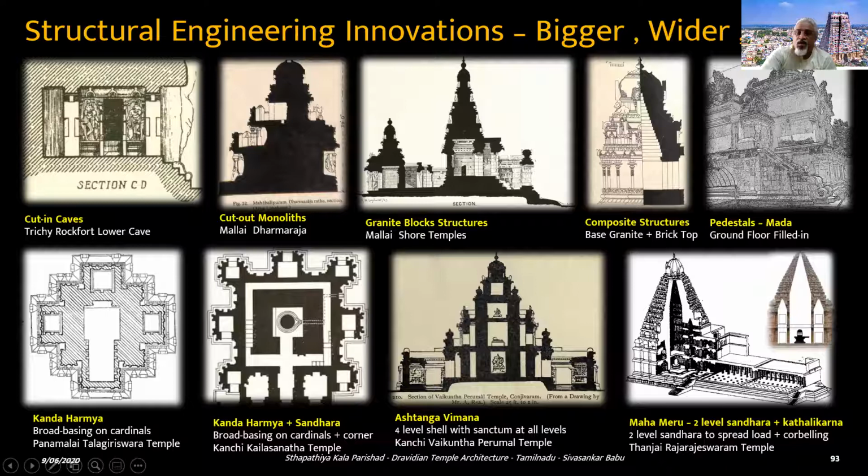It is held in place by a basement dug less than 6 feet or 10 feet. The entire thing is controlled by the 80-ton weight of the shikara and the combined weight of these talas. So ultimate in engineering. This is how, from a simple cave temple and rudimentary temples, the Tamil Nadu Dravidian temple architecture progressed in building grand granite temples.